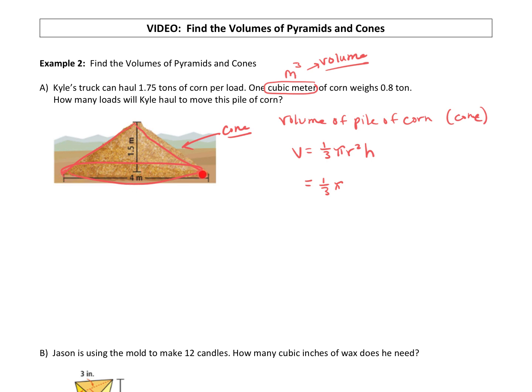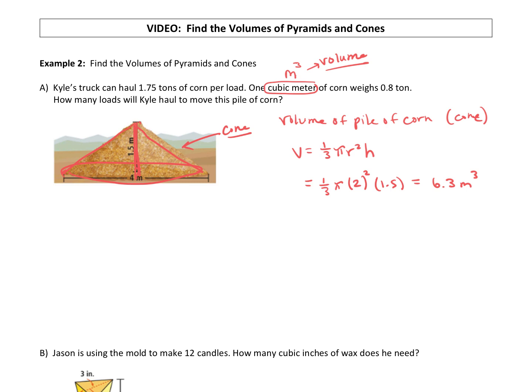So that is a diameter, which means the radius is 2. So we're going to multiply that by 2 squared, and then the height is that 1.5 meters from the top of the cone perpendicular to the base. So our height is 1.5. When we calculate that out, we get about 6.3 meters cubed.